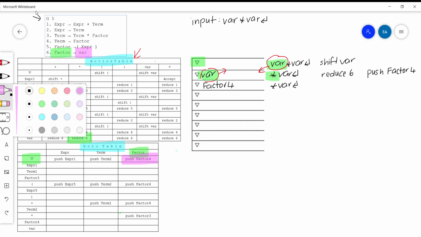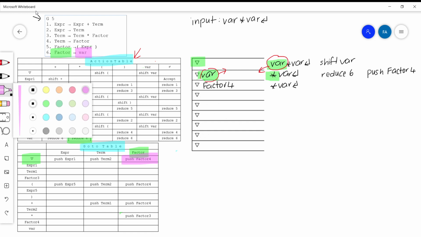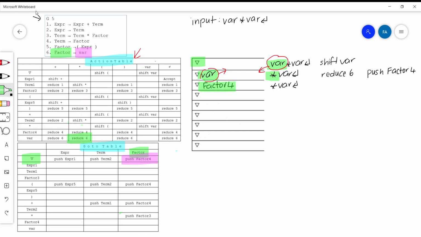Next, we will read the symbol on top of our stack, factor 4, with our current input pointer, which is star. Factor 4 that meets with star reads reduce 4. So write reduce 4 here. And then we need to look at our grammar 5, at rule number 4.